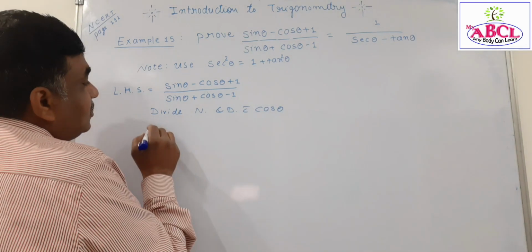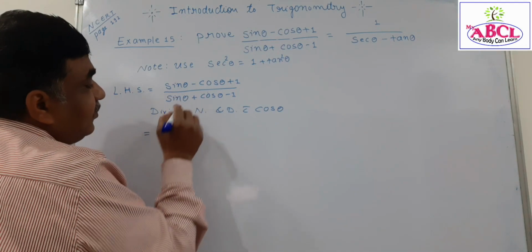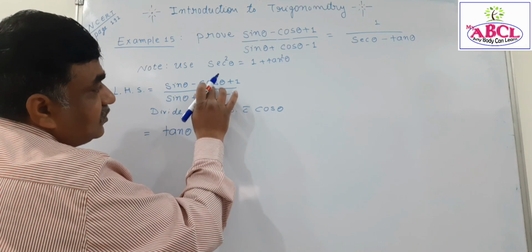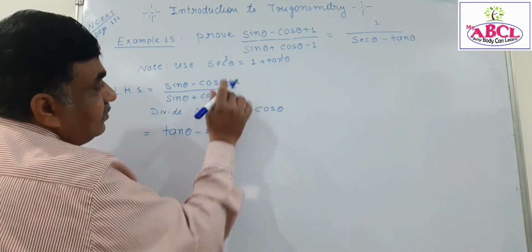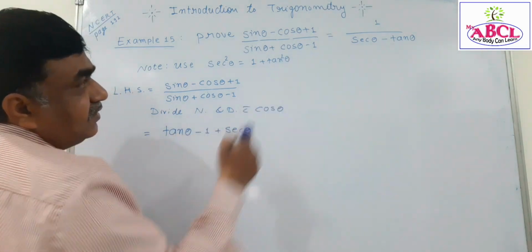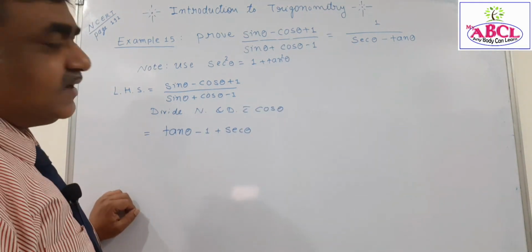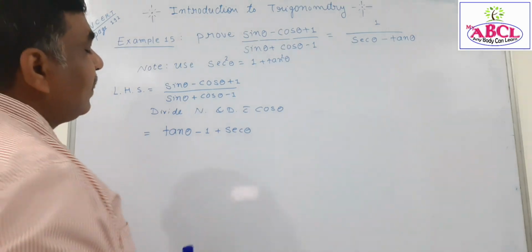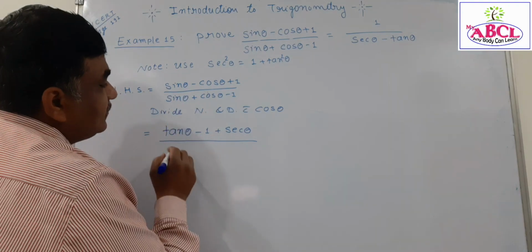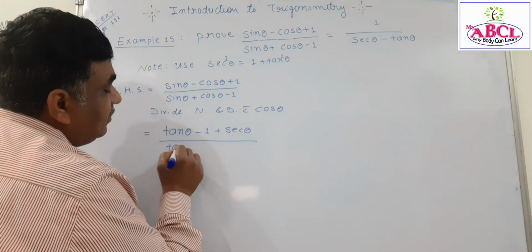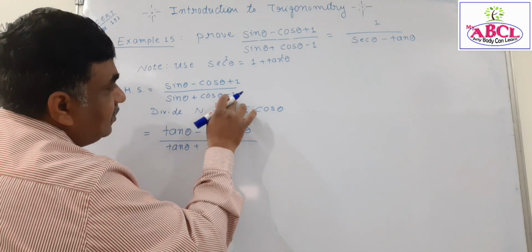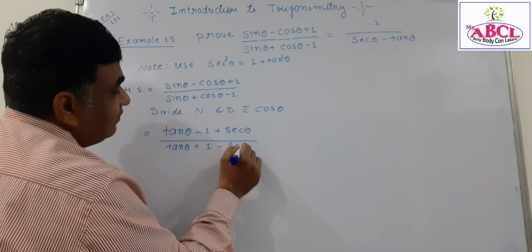Okay. So sin upon cos is my tan theta, minus cos upon cos is 1, plus 1 upon cos is sec. So you can see that my answer is in tan and sec, and I got tan and sec over here, so it would be useful, I think so. Now sin upon cos, tan theta, cos upon cos, 1 upon cos, sec theta.